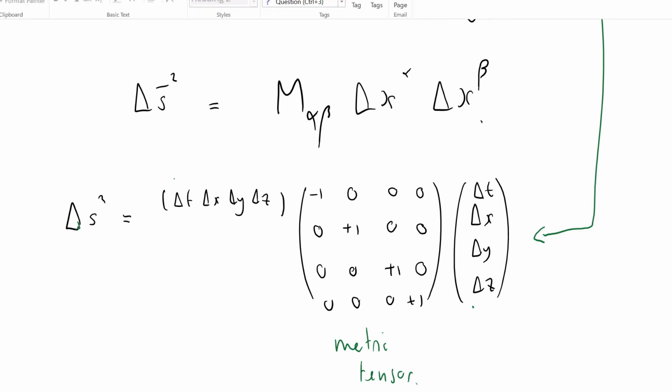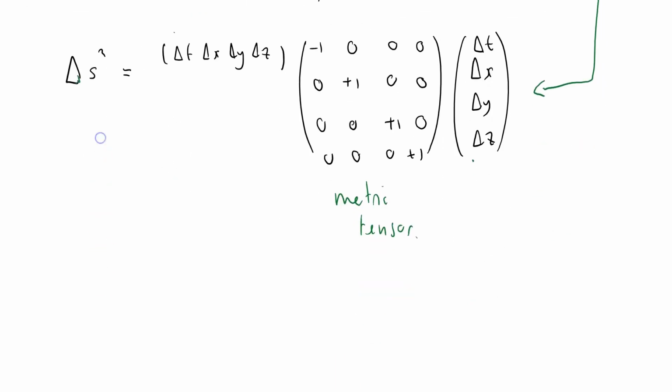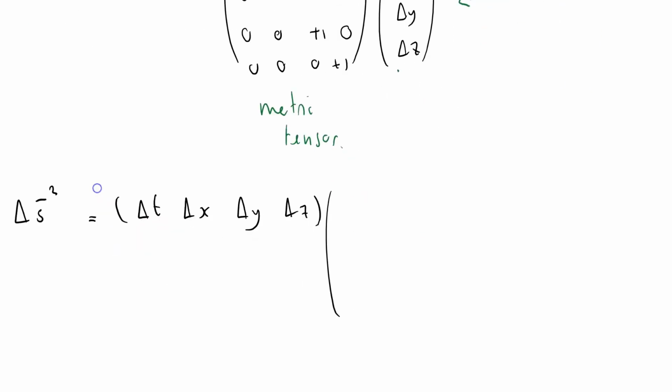I'll go back to black, which is here. And now I'm going to write delta S bar squared, but I'm going to write that in terms of the unbarred coordinates. Delta x, no, I've got two x's there. Oops, that's a delta y and a delta z. It's the same thing. But it's going to be a general matrix. Actually, I won't close it off yet because I'm not sure how big I've got to make it.